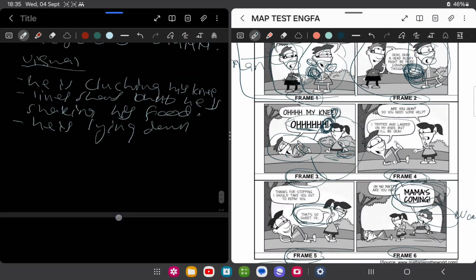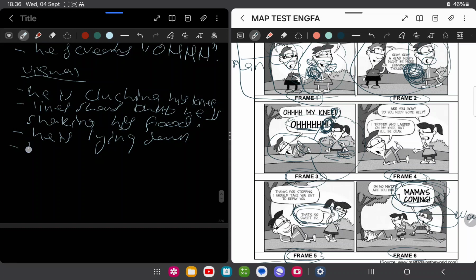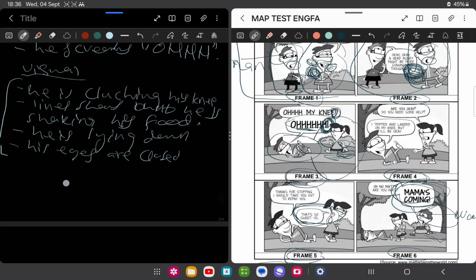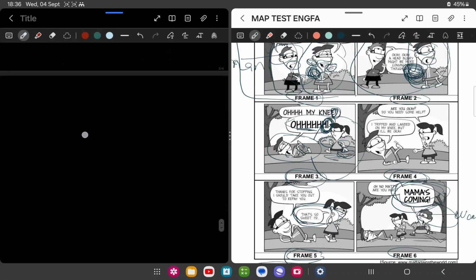His eyes are closed. So these are the things that you can see in frame number 3 using our own eyes.